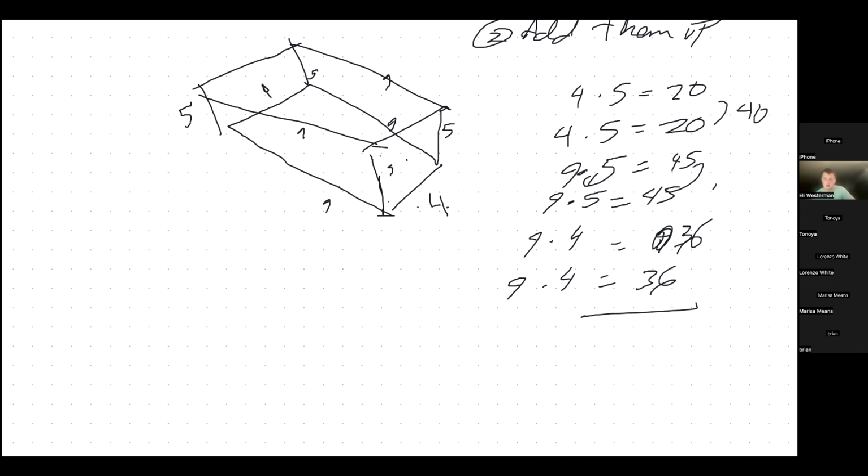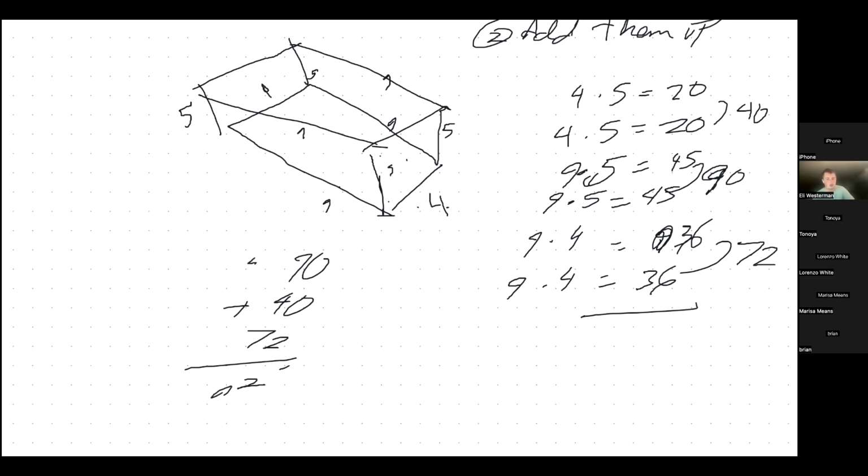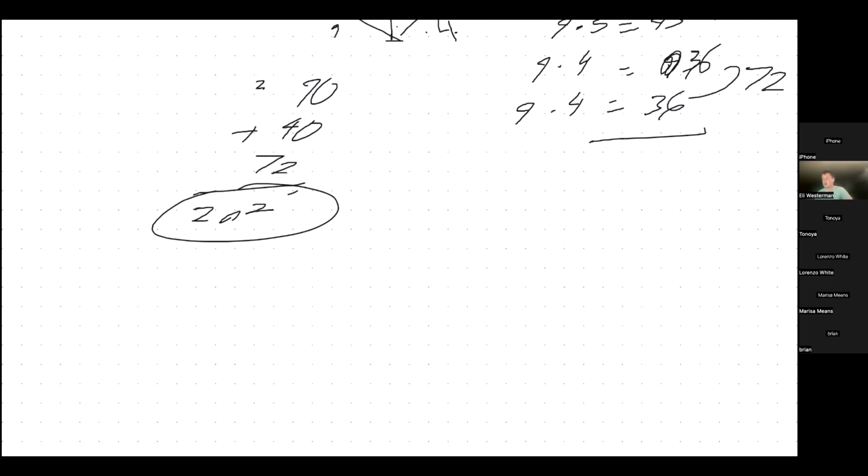These are 90. These are 72, I believe. So now we can say 90 plus 40 plus 72. We can say 9 plus 4 is 13, plus 7 is 20. Carry the 2. So 202 is our answer. I know that one was kind of complicated.